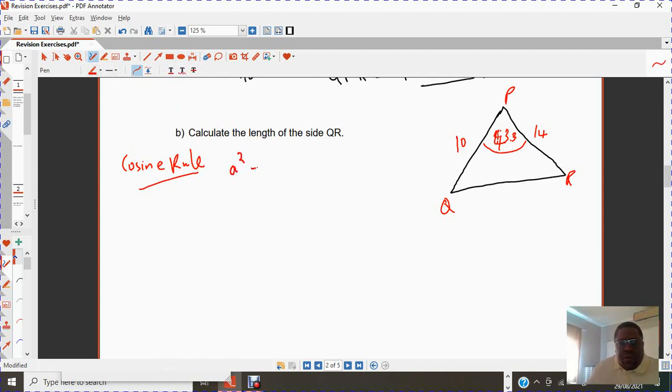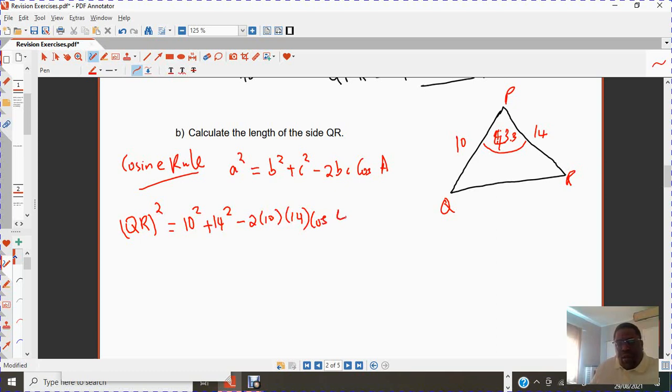So a squared equals b squared plus c squared minus 2bc times the cosine of angle A. So in this case, QR squared equals 10 squared plus 14 squared minus 2 times 10 times 14 times the cosine of 43.3 degrees. So you can go ahead and punch all of that on the calculator.